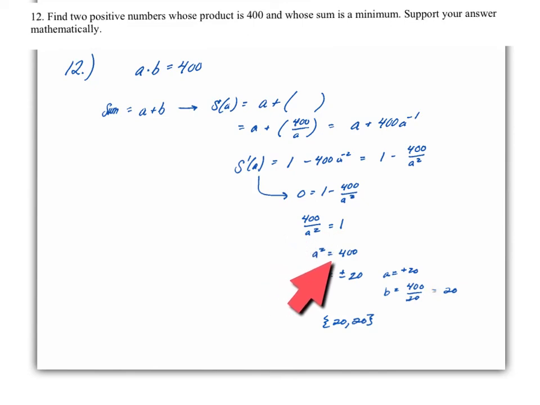And a squared equals 400. When you take the square root, we should get plus or minus 20. But it was defined as a positive number, so a equals 20. Finding b, 400 over 20 is 20. So 20 by 20, or 20 and 20, are the two numbers.